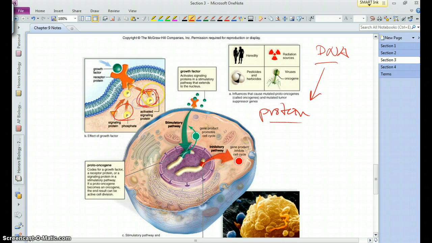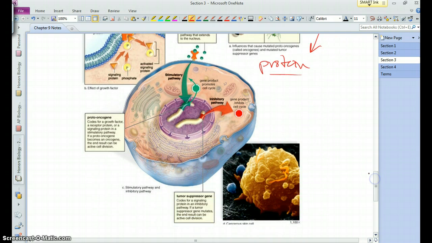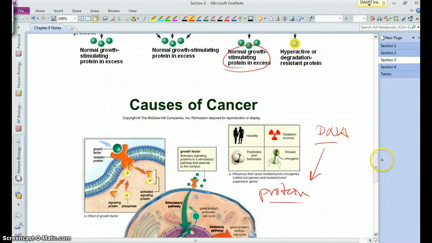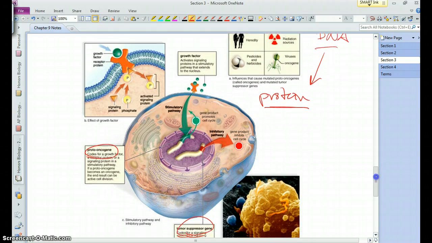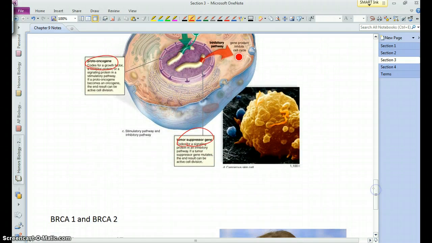If it happens to be one of these proteins involved in controlling the cell cycle, like these tumor suppressor genes, then you can get uncontrolled cell division and cancer. So again, with proto-oncogenes and tumor suppressor genes, when that DNA is defective, it can lead to defective proteins, and the cell cycle is no longer properly controlled.